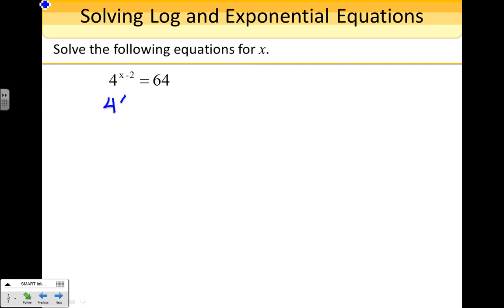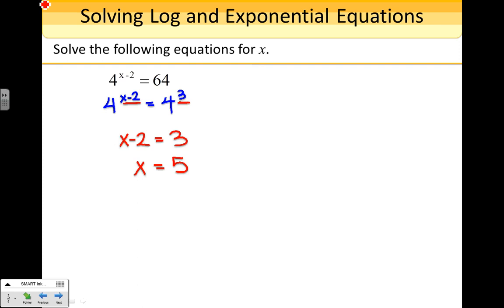So I can use a base of 4 and rewrite 64 as 4 cubed. And since both of these have the same base, 4 to the x minus 2 and 4 cubed, we know that the exponents have to be equal to each other. So we can pull those exponents out, set them equal to each other, and solve for x.